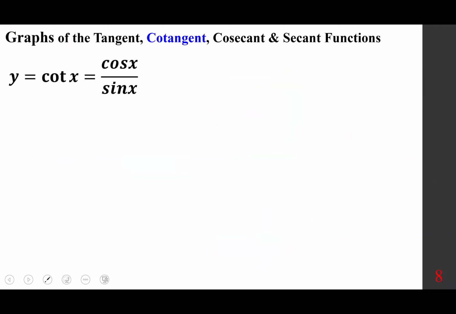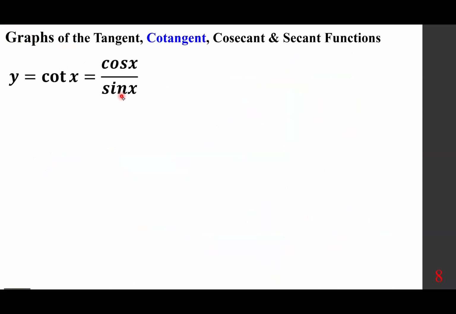What about cotangent? Reminding everyone, cotangent means cosine over sine. If you think of it as a rational function where sine is 0, you get vertical asymptotes. Sine is 0 when x is n pi, okay? And at the same time for the domain, x can't be n pi.